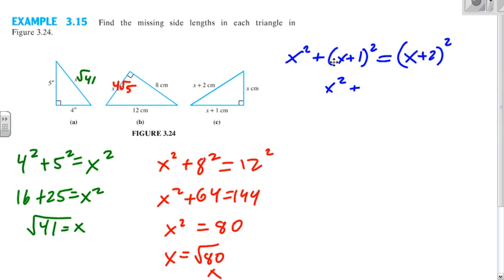When we do that, we get x squared plus 2x plus 1, and the original x squared we had there. Multiply out (x plus 2) squared, we get x squared plus 4x plus 4.